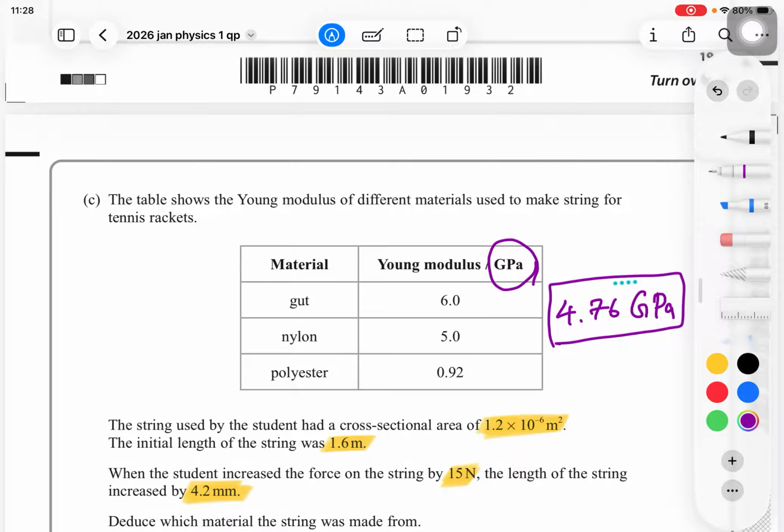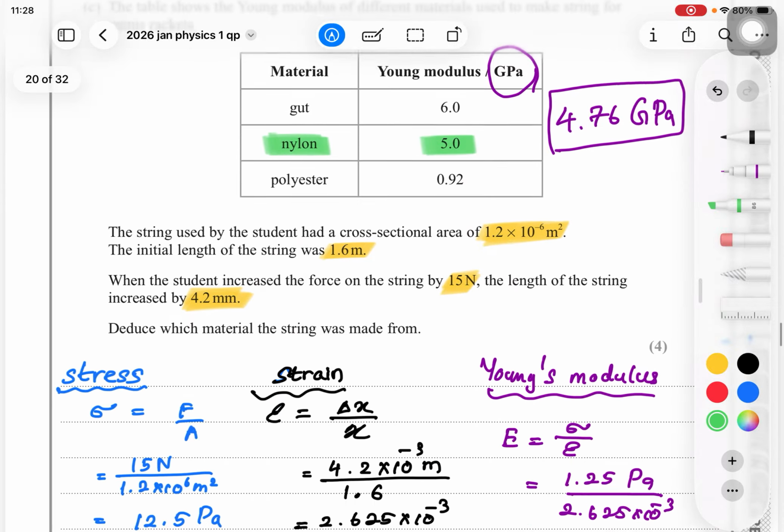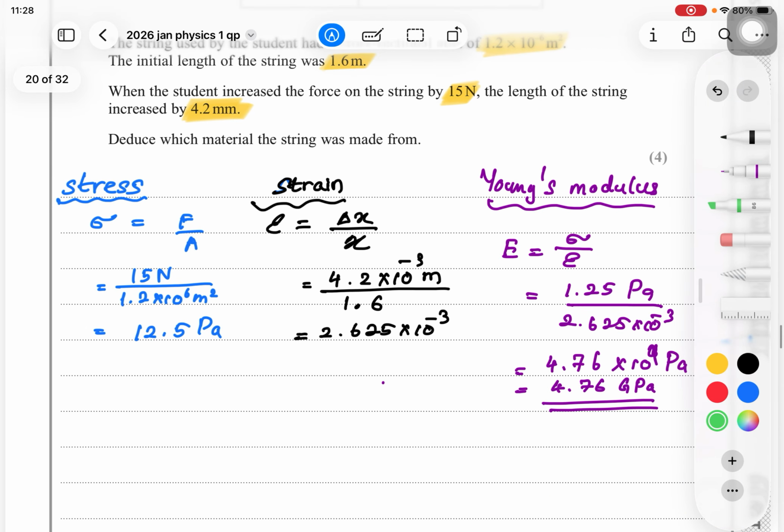The closest one is here. We can take 5.0, which would be nylon. So when we compare it, this is closer to nylon. As our final answer, this is going to be 4.8 gigapascals.